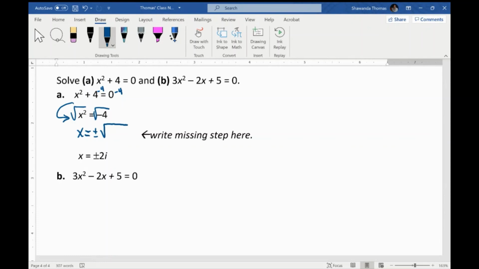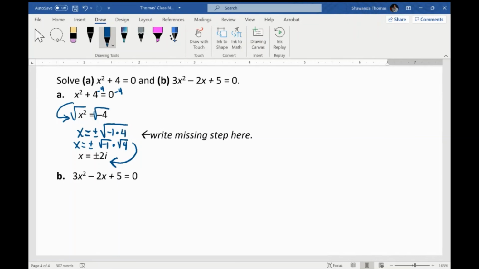How could we rewrite the radical? -1 times 4, which equals plus or minus the square root of -1 times the square root of 4, which y'all see is plus or minus 2i.